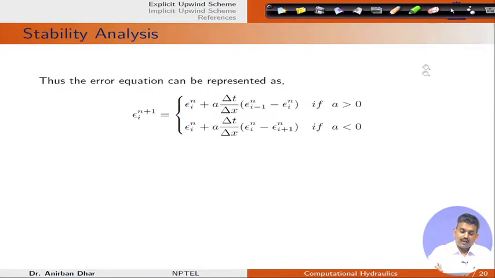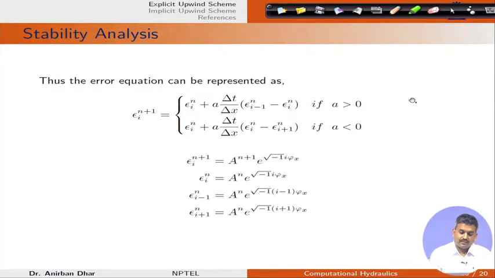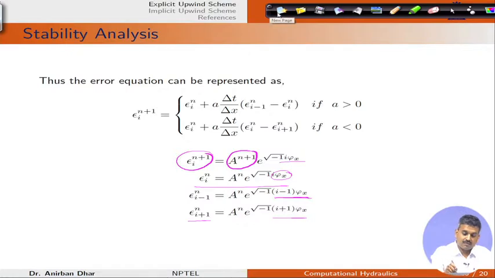Now, as per our definition, we can write this epsilon i n plus 1, where only the amplitude changes, no change in this index for i n, this is A n e to the power I varphi x, i minus 1 only change in index for i, i plus 1 only change in the index for i.